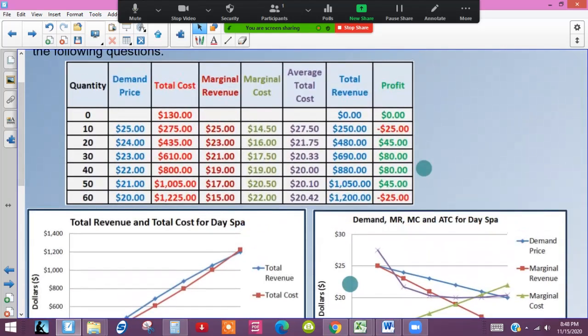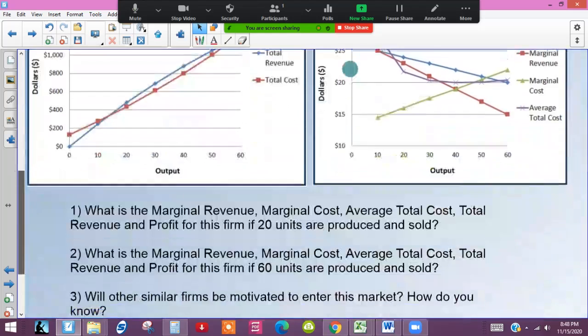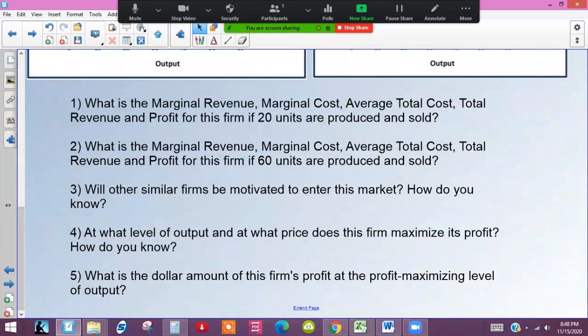We can see that at an output of 40, we have a price of $22, and that's where marginal revenue equals marginal cost at 19, and we have a profit of $80, which I think answers question 5. What is the dollar amount of this firm's profit? At the profit maximizing level of output, 80.